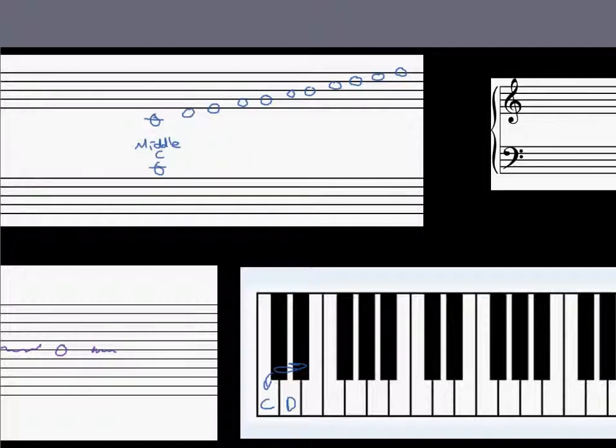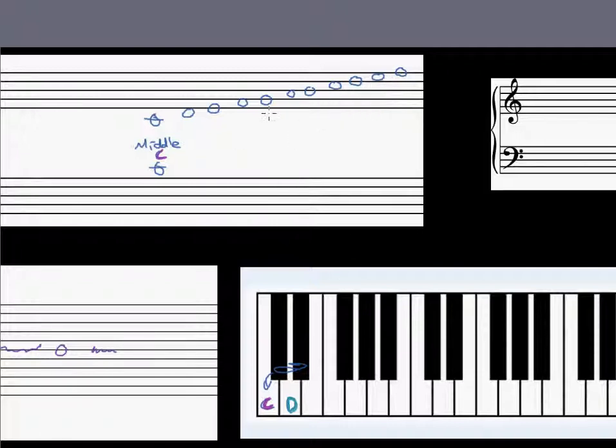Let's change colors. We've got middle C here, so let me do middle C in this color, and then D. So this D, how we learned on the keyboard, just following logically, going 1 note up on the keyboard from our starting point, which one of these do you think would be D?